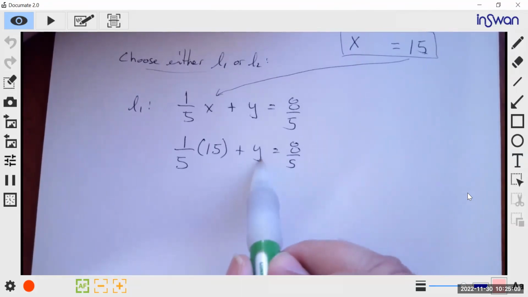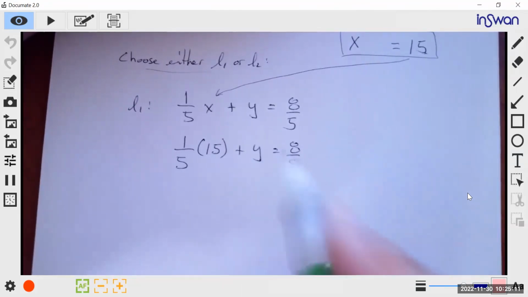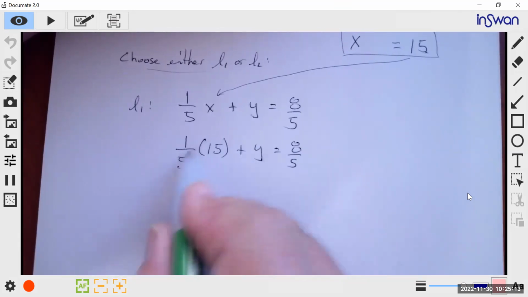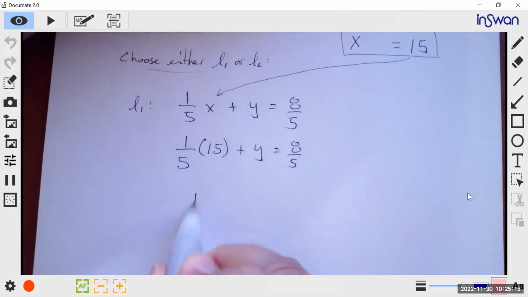Because I'm solving for y, I need to get everything over there. I'm not going to multiply these, I'm not going to simplify those. What I'm going to have on this side is 15/5.